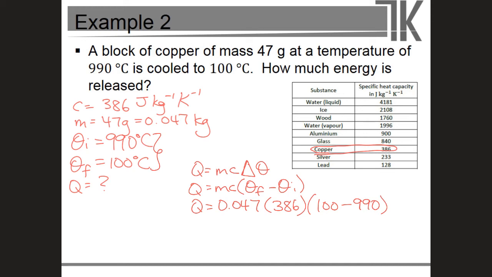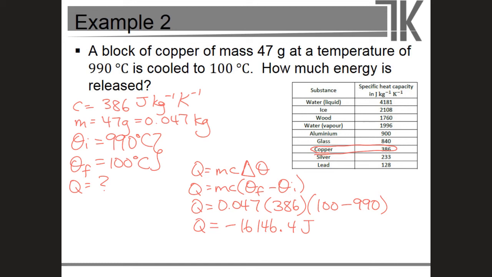So notice that change in temperature, delta theta, will end up being negative. And if we put that into our calculator, we get negative 16146.4 joules.